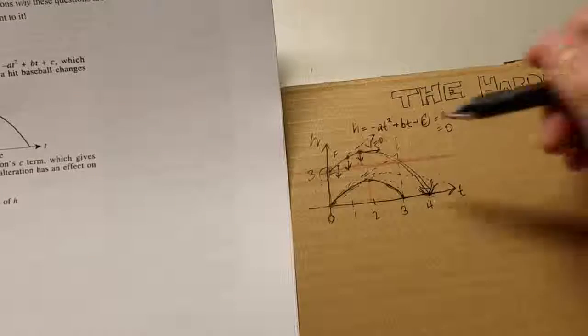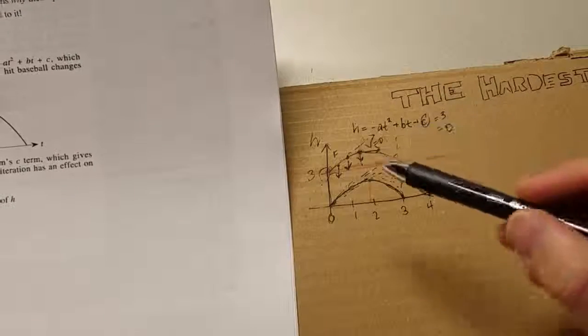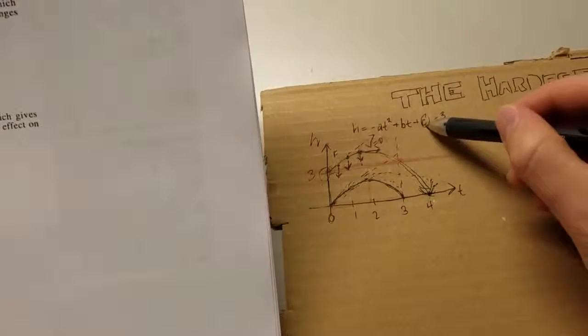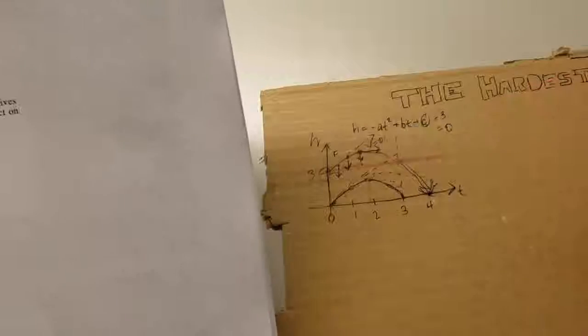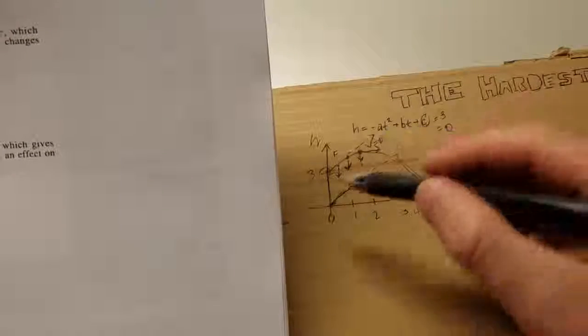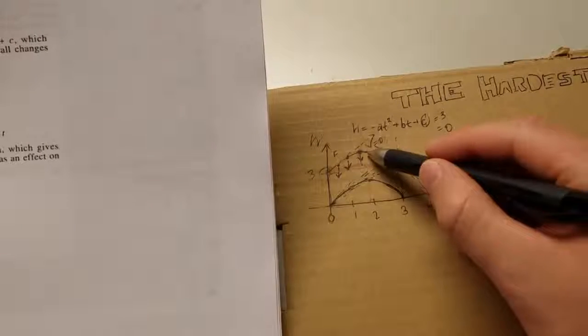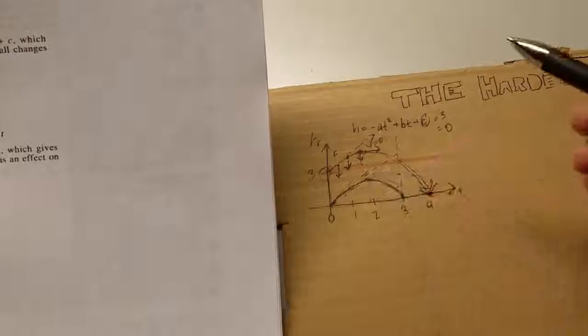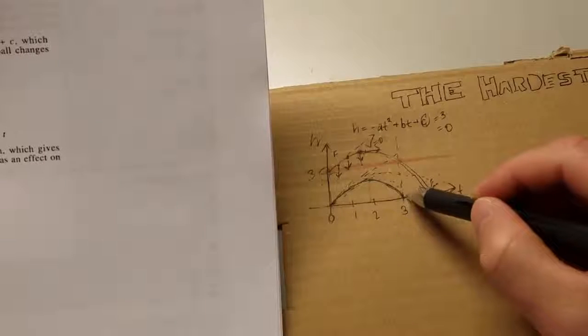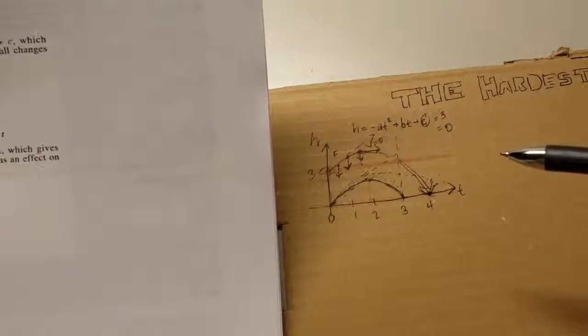to the ground. So all that's to say that, yes, if we change the c term from 3, which I just used as an example, to 0 down here, the maximum height will not be the same. And in fact, the ball will hit the ground a lot sooner.